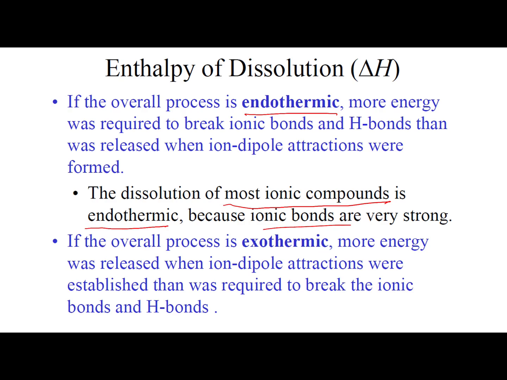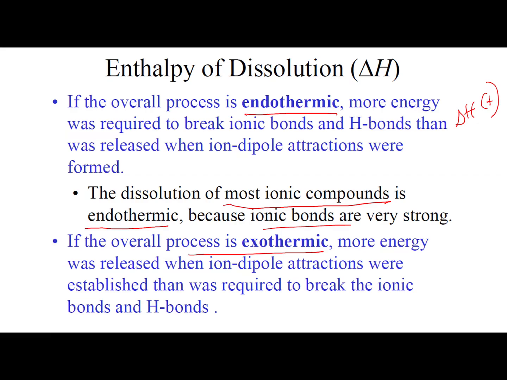Especially if you're given a delta H, you can determine if the reaction was endothermic or exothermic. If it's endothermic, remember that means our delta H would be positive, and more energy would be required to break the ionic bonds and the hydrogen bonds than is released when you make the products.